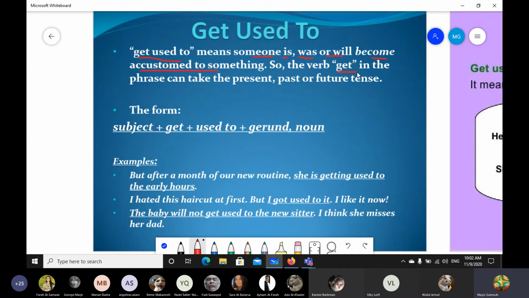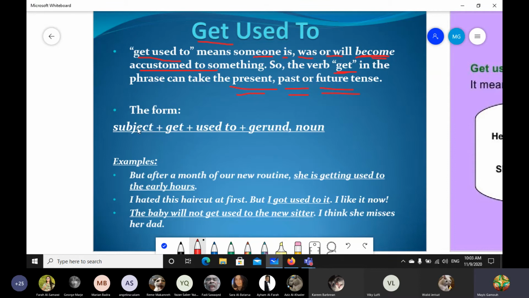So the verb get معناته الverb get اللي هو عندنا هنا get used to in the phrase can take the present, past, be used to. بس الاختلاف البي used to هو اشي انت اوكي متعود عليه you are accustomed to. بس ال get used to انا اشي راح احصل عليه. تمام، اللي هي become accustomed to something and it could be in the present, past or in the future tense.